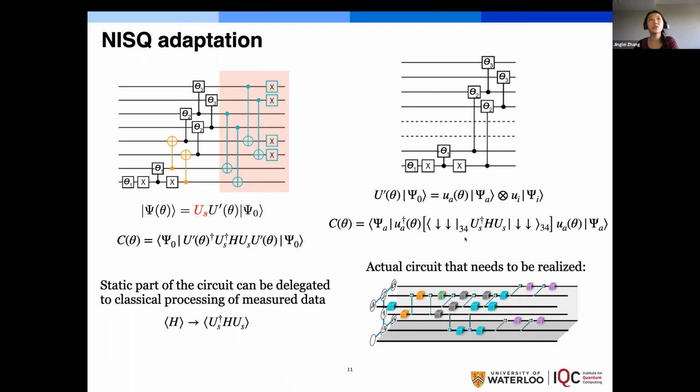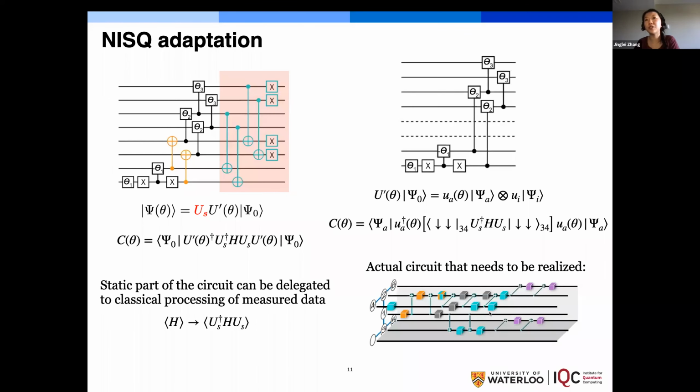Okay. So we have started with this 8 qubit circuit, and we end up with a 6 qubit circuit that has a lower depth, and this is what actually will need to be realized on the quantum hardware.